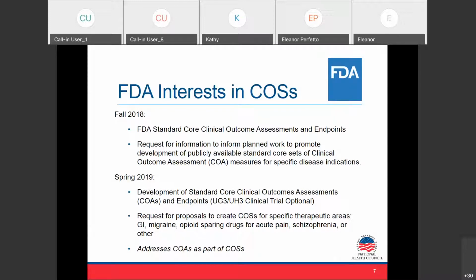And so you can see that this RFP addresses clinical outcome assessments as part of core outcome sets.